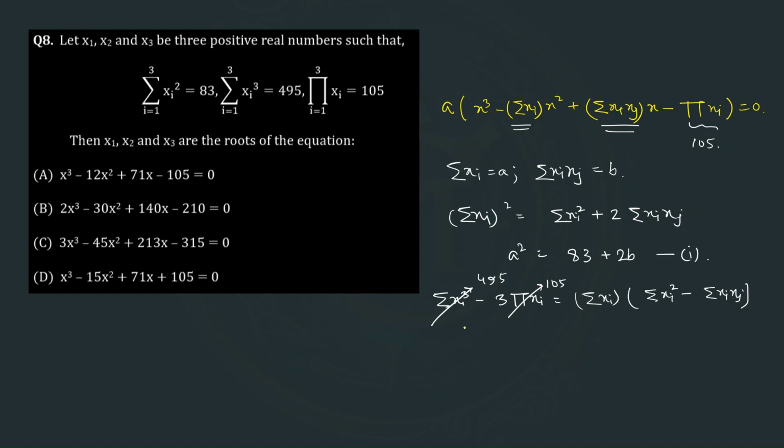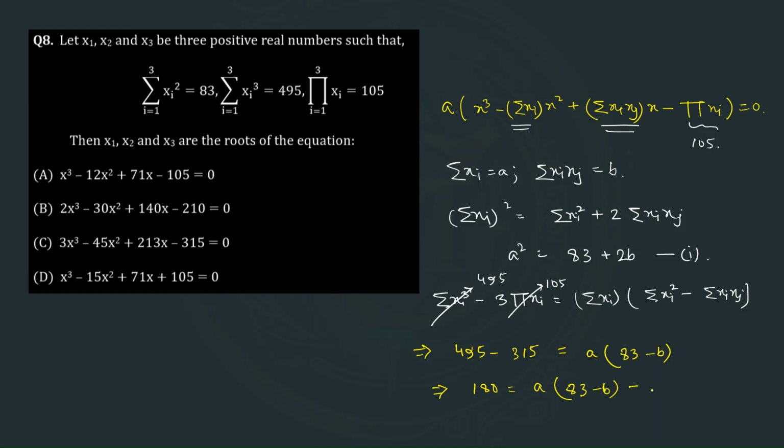Now we can write this as 495 minus 3 times 105, which is 315, equal to a times 83 minus b. So this, if we calculate, will become 180 equal to a times 83 minus b.